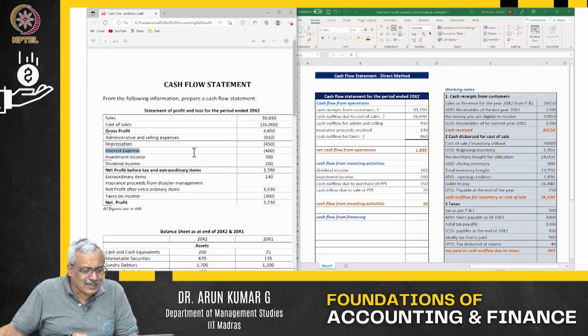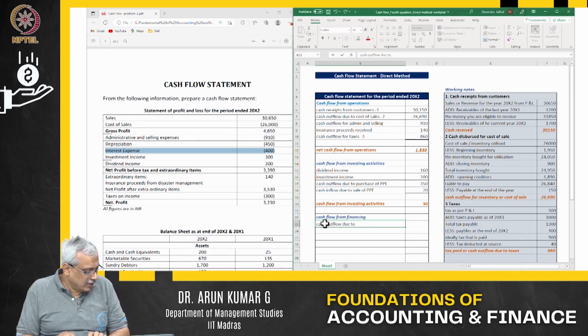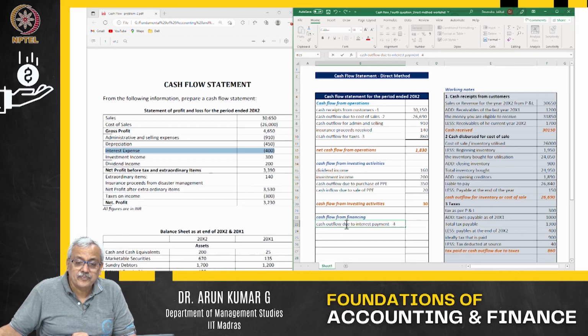Interest expenditure is 400, $400. That means there is a cash outflow because of interest. Cash outflow due to interest payment. I am going to put it as number 4, perfectly all right.